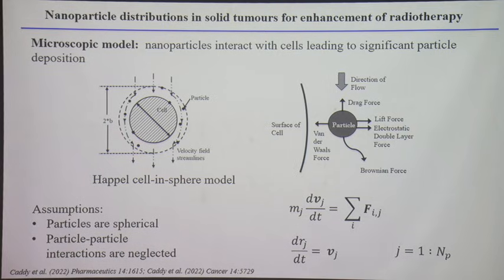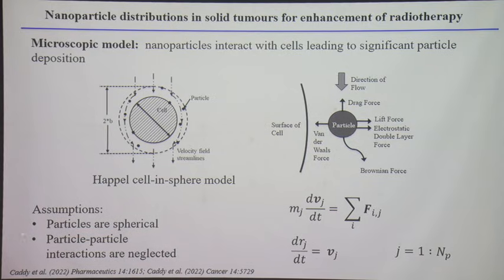So all of these forces need to be expressed and evaluated and put back into this equation, and that will give you the velocity of the particles, and then you can track the trajectory of the nanoparticles. So you need to model a large number of these particles to get a statistically converged deposition rate. It is the deposition rate that we need in order to simulate the nanoparticle transport within the tumor.